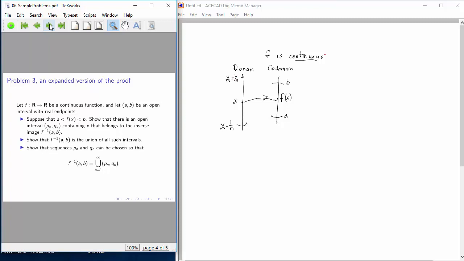If f is continuous and you have a sequence in the domain x sub n that converges to x, this implies that the sequence in the codomain f of x sub n converges to f of x.